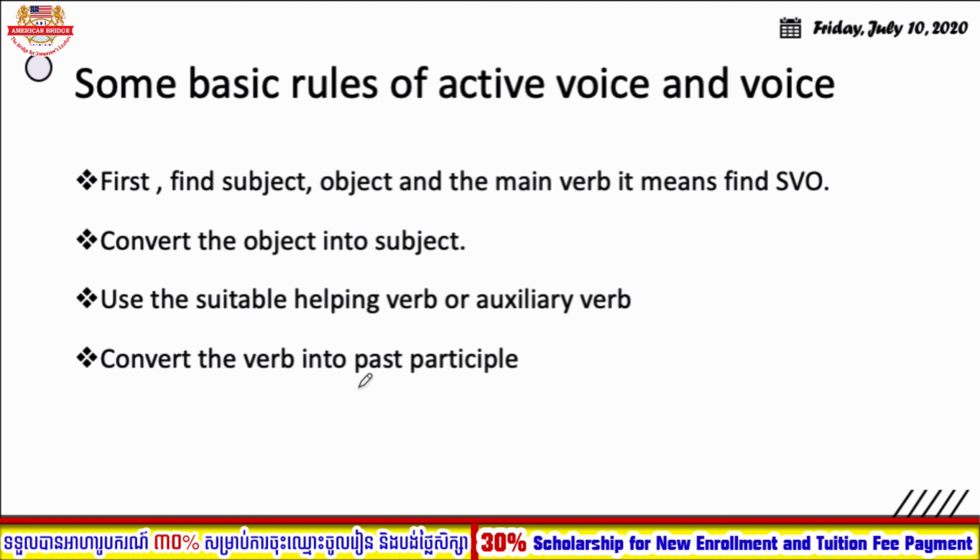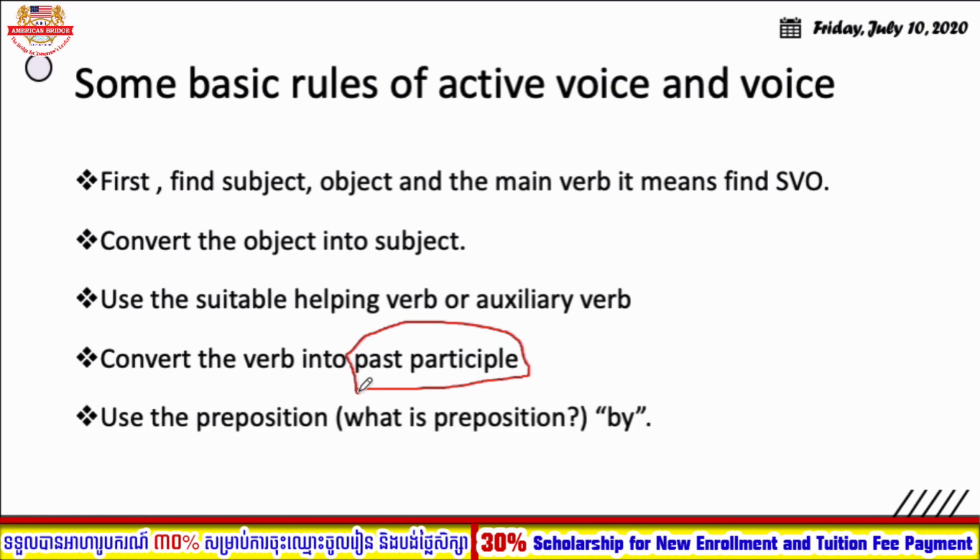If it is the passive form, remember, no matter what tense it is, the main verb is always in past participle. And you need to decide whether to use the preposition by or not. And if you use the preposition by, you also need to convert the subject into the object as well.